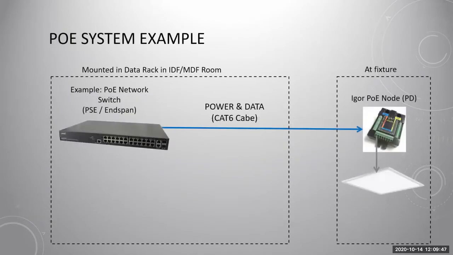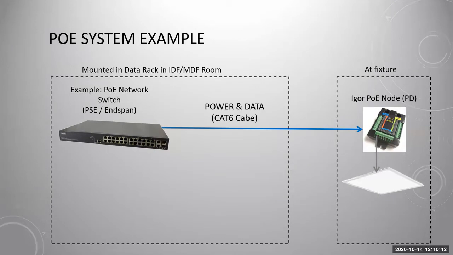So here's a simplified example of some of those components I just mentioned and how they connect. Back in that IDF, MDF room, on the left, you would have a data rack, and typically you would have multiple PoE network switches in there. Those are your PSEs, end span, mid span, depending on what type of device they are.